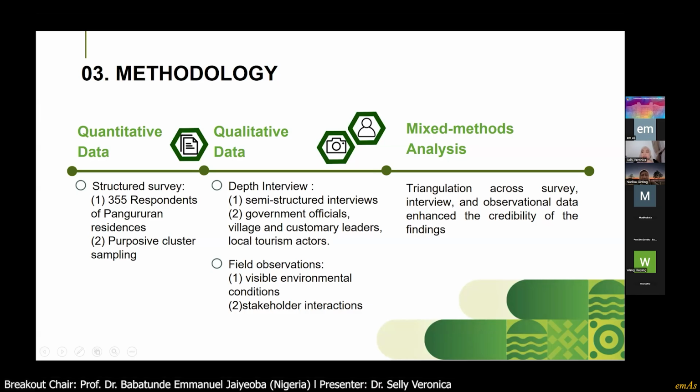So we involved not only the residents affiliated with the groups, but also all of the residents and local communities that are part of the process or the tourist actors themselves. We did random sampling of the community running their business, even if they're not affiliated with the groups run by the local government or by some particular communities in Pangururan.